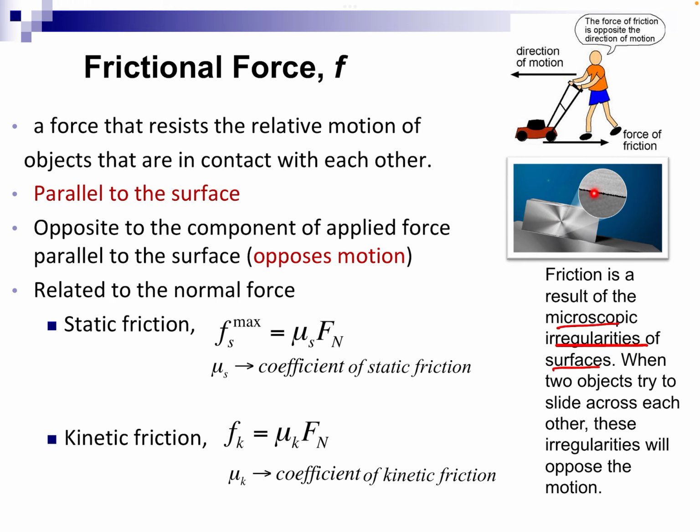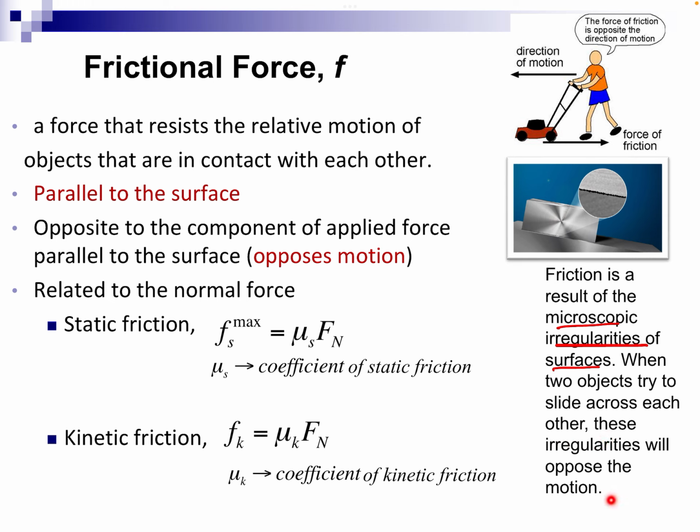In this magnified view of the two surfaces, the roughness of the two surfaces is what provides the frictional force. And as the objects try to slide across each other, these irregularities will oppose the motion.